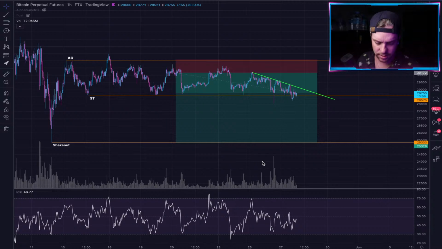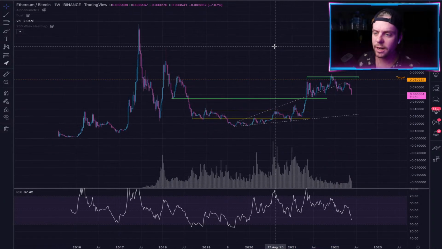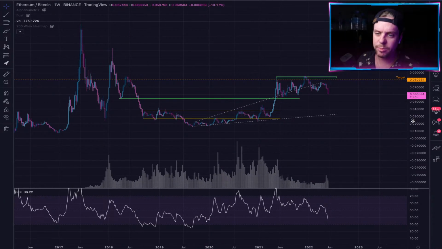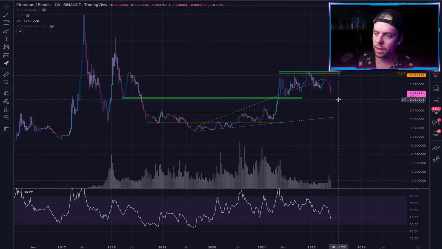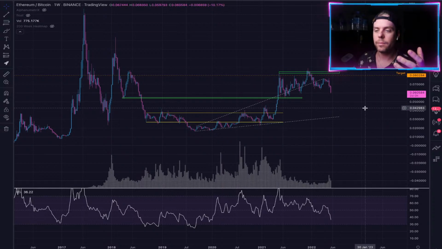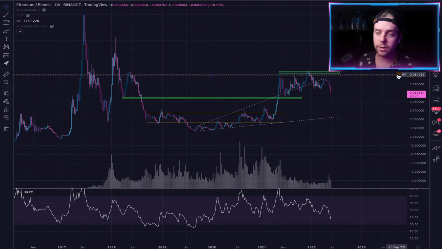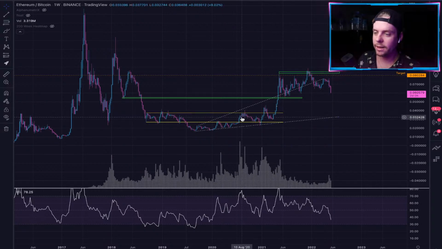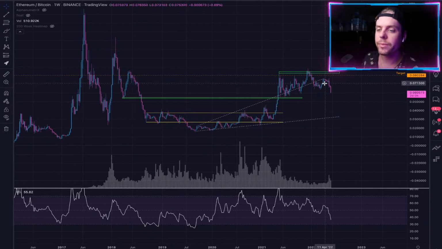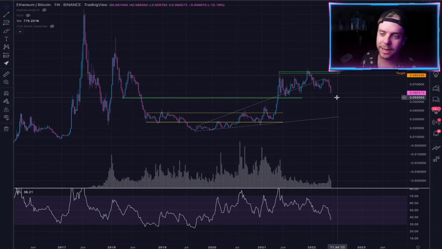All right, well, let's take a look at total. Oh, let's also take a look at ETH BTC. This was one that I actually prepped. So ETH BTC looking like distribution. So this is just further leaning into the thesis. And we hit my target, by the way. This was my bull market target that I set way back here. But anyways, we're confirming down.